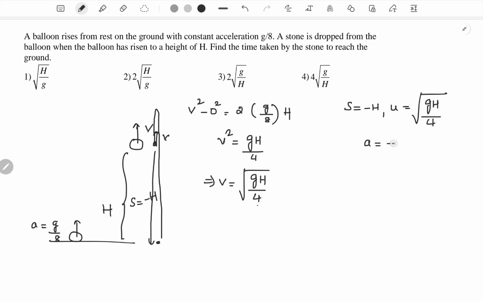So it would have the acceleration due to gravity. We can use s equals ut plus half at square. s is equal to minus h, u is root of gh by 4 into time t, which is what we intend to find, plus half into acceleration, minus g, into t square. So we kind of got a quadratic equation. Solve this quadratic equation, and you would end up with the value of t.